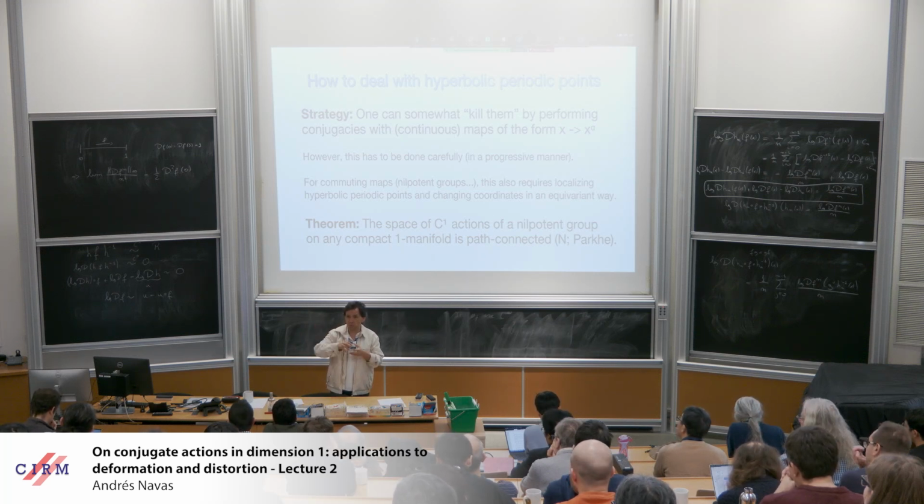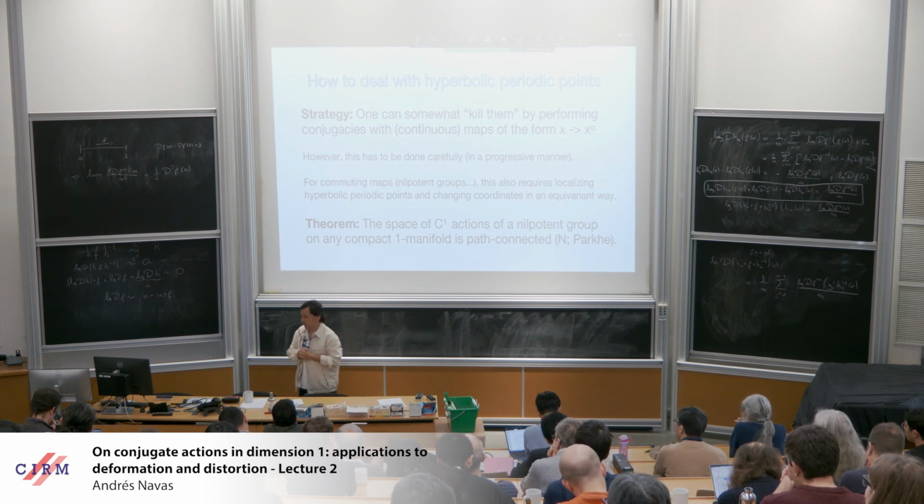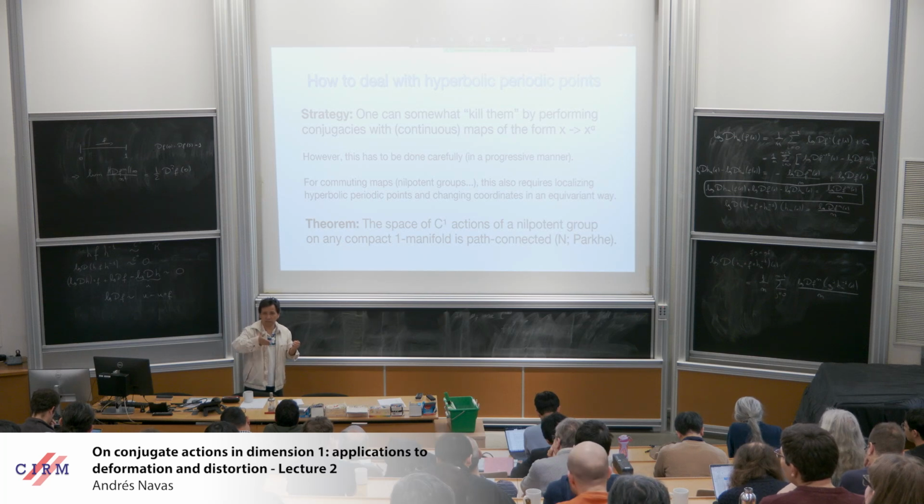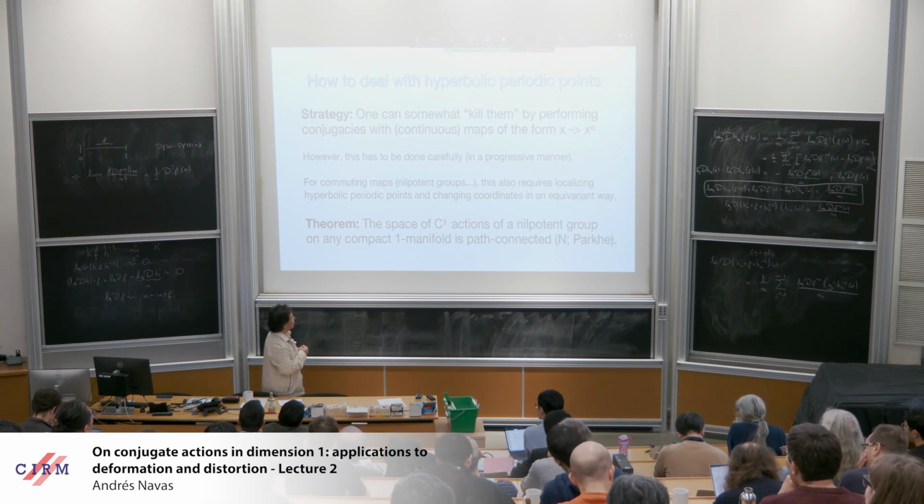So you are enlarging your space where you find the almost solutions, and in those spaces you can take just a fine path. And this avoids doing local conjugacies and so on.